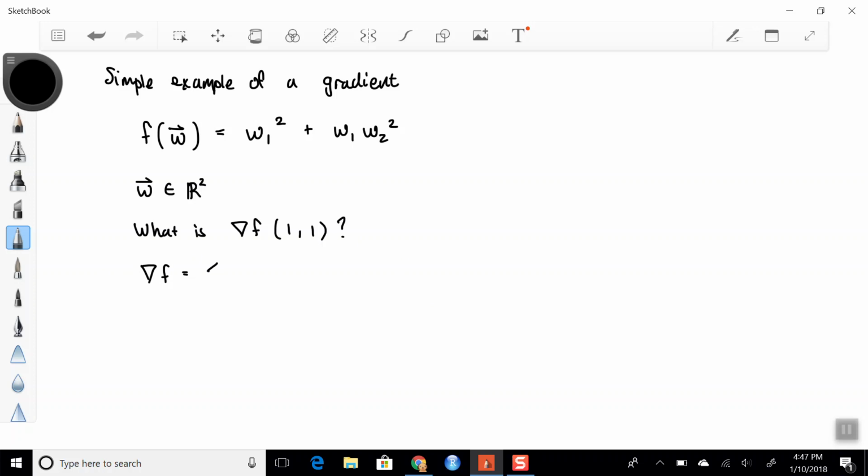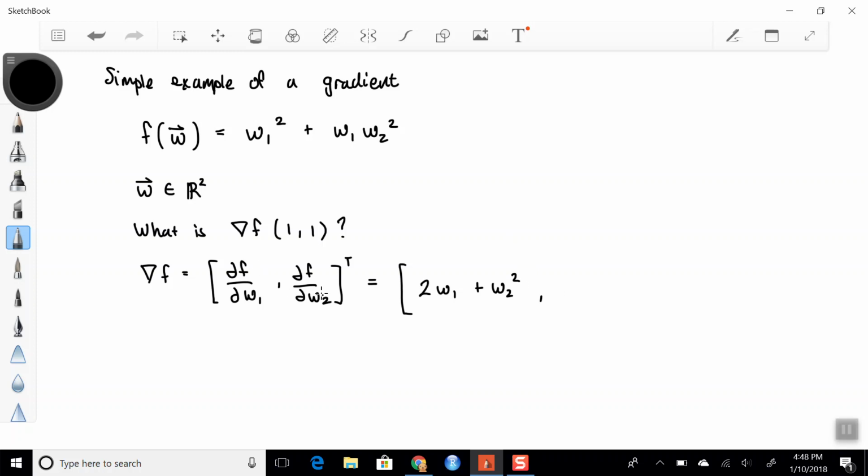Okay, so this would effectively be the vector of partials, transpose, okay? And so here, if we take it with respect to w1, I would have 2 w1 plus w2 squared, right?